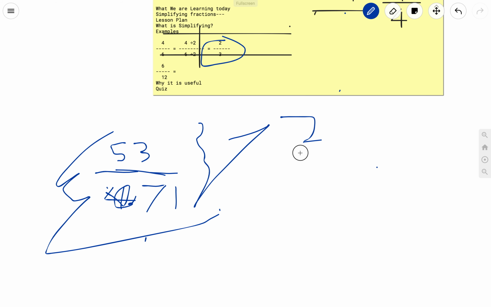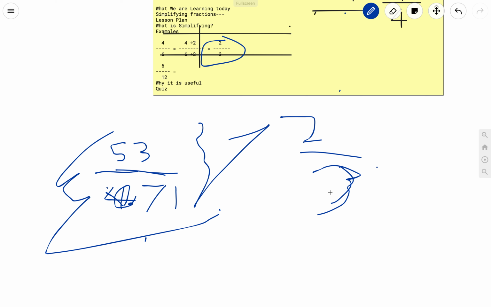Have you realized 2 over 3 can't be divided by anything else to give a whole number? If you divide 2 by 3, you get 0.66666. If you divide 3 by 2, you get 1.5. You don't get a whole number.